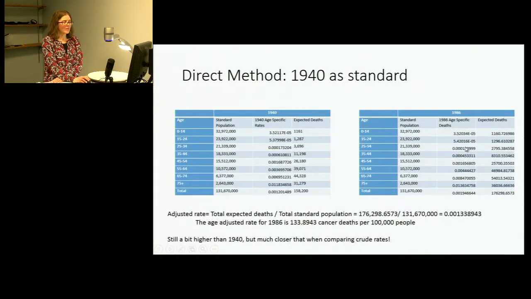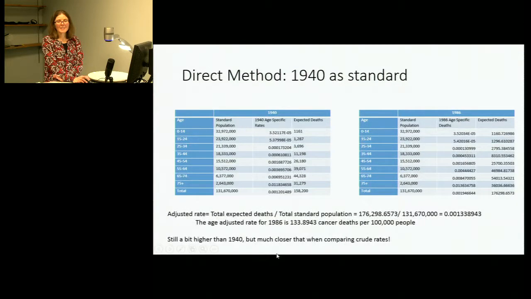Once I apply all these age-specific rates to the standard population, I figure out the total number of expected deaths. I divide that by the size of the standard population, and that gives me my age-adjusted cancer death rate, which is, for 1986, 133.8943 per 100,000 people.